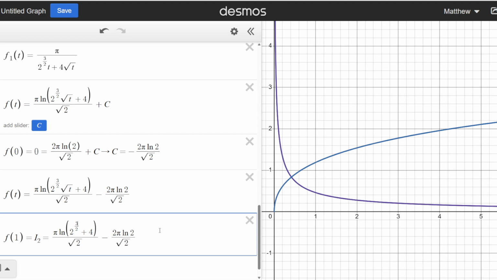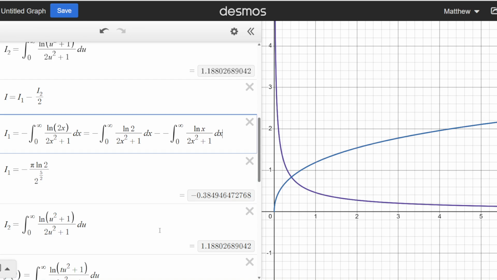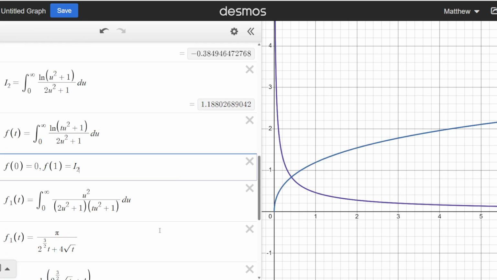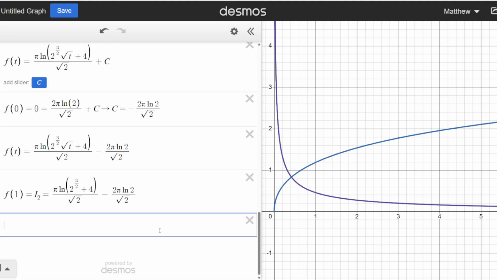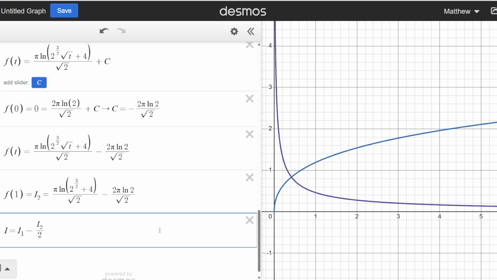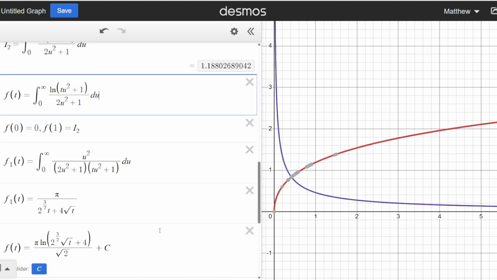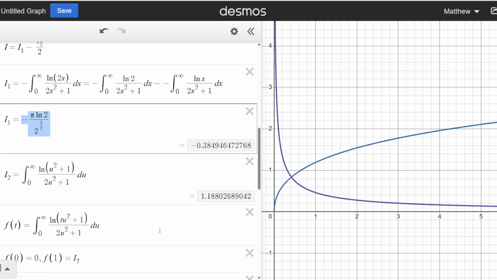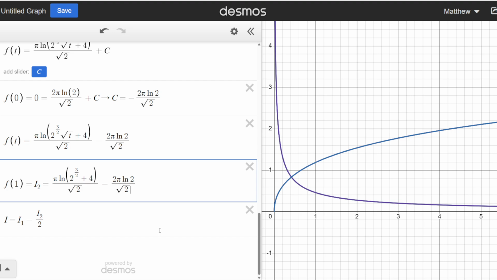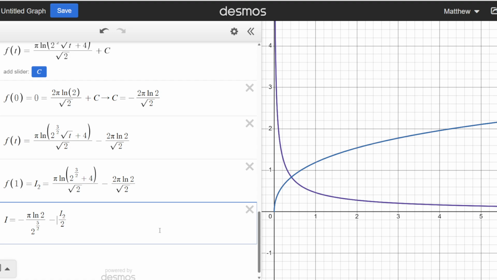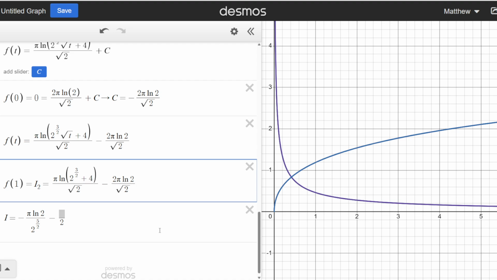Okay, so now, going even further back, we know that I is I1 minus I2 over 2. So our original target integral I is just equal to I1, which I will copy and paste right here. So it's this, and then minus I2 over 2. And of course, I2 is just this.